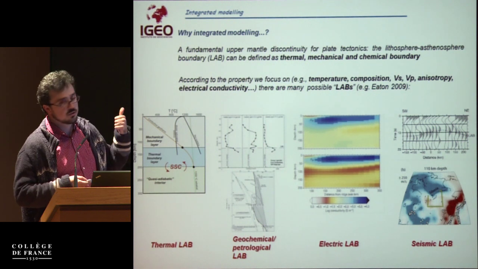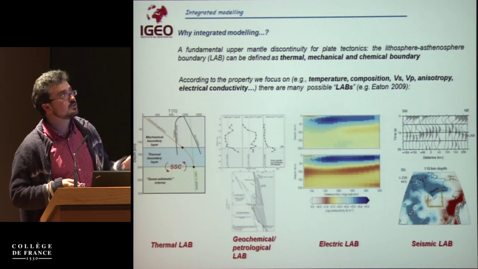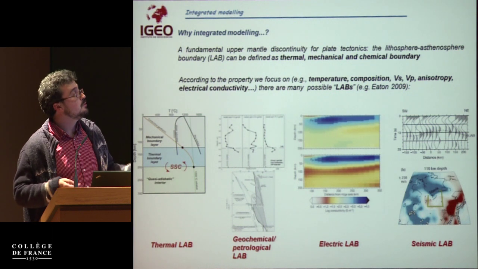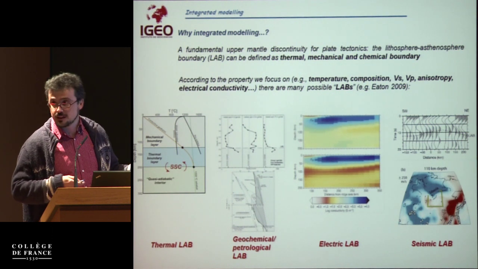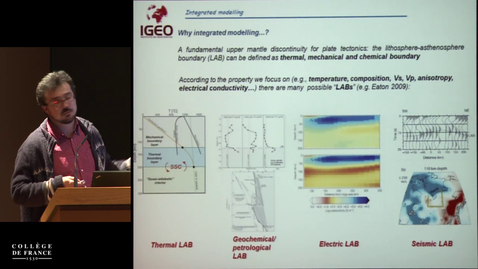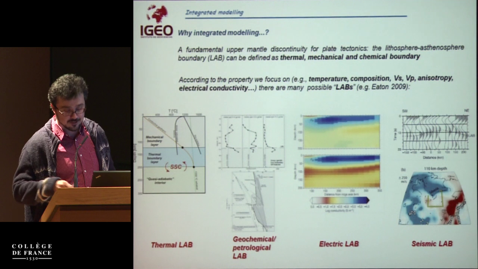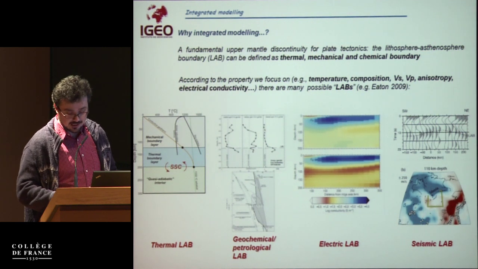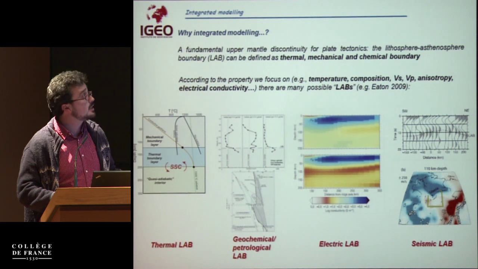For instance, if you're looking at some seismic velocity or seismic anisotropy, you will be talking about seismic LAB, or if you're looking at electrical conductivity, then you will be talking about electrical LAB, thermal LAB, chemical LAB, and so on and so forth. The problem with these various definitions is that sometimes they are not exactly the same, and that can be a little bit tricky.